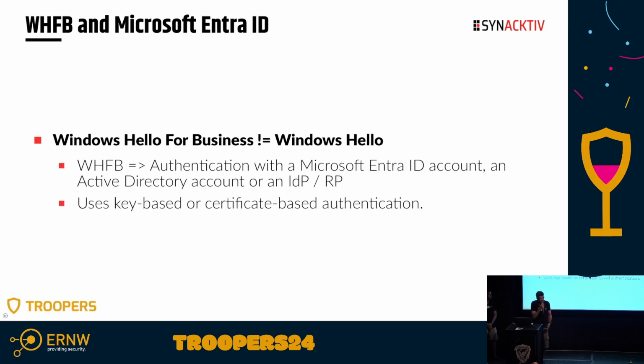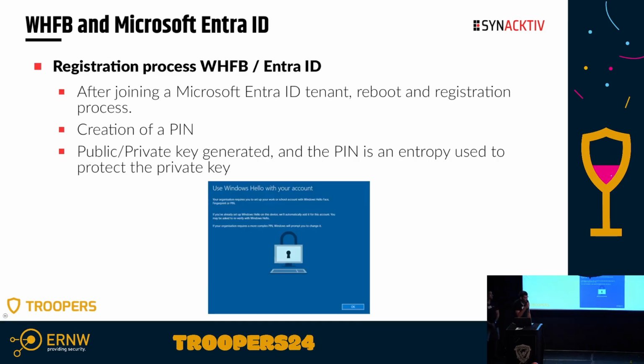asymmetrical authentication. The PIN that you use will protect the public and private key. When you're joining a domain, you have to reboot the computer, and then you will be able to join Windows Hello for Business. You create a PIN, and the PIN basically creates a private key and a public key, and the PIN is an entropy to protect the private key.